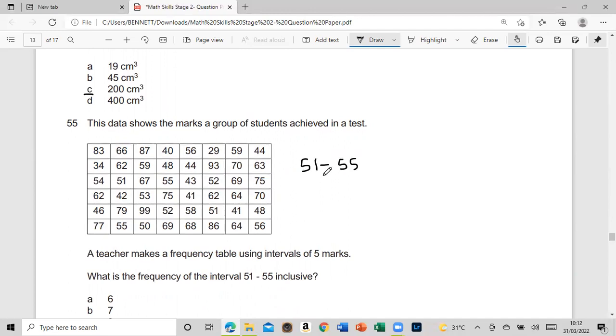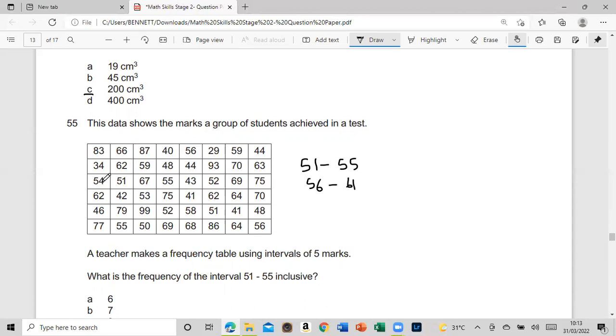Then you just start from 56 and add 5 to that, 61, and so on, right? So we are searching for the numbers from 51 to 55, and we don't include 50. Let's see how many we can find.